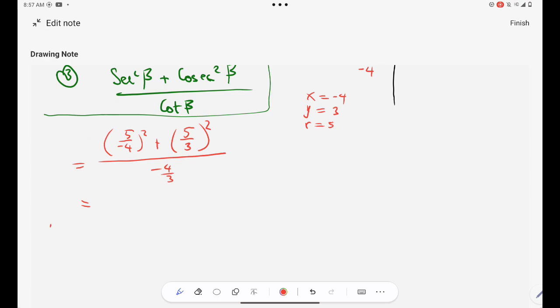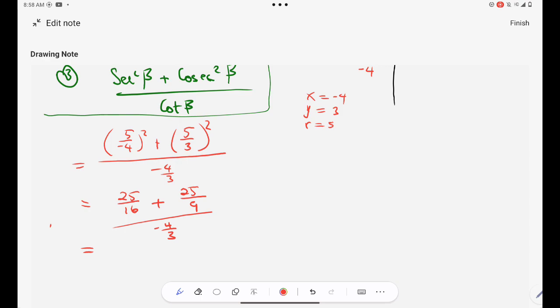I'll have 25 over 16 plus 25 over 9. This thing is equal to minus 4 over 3.